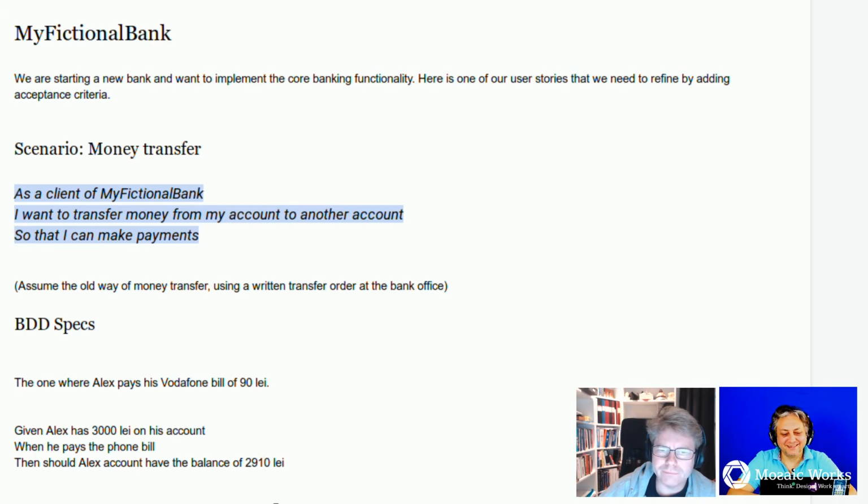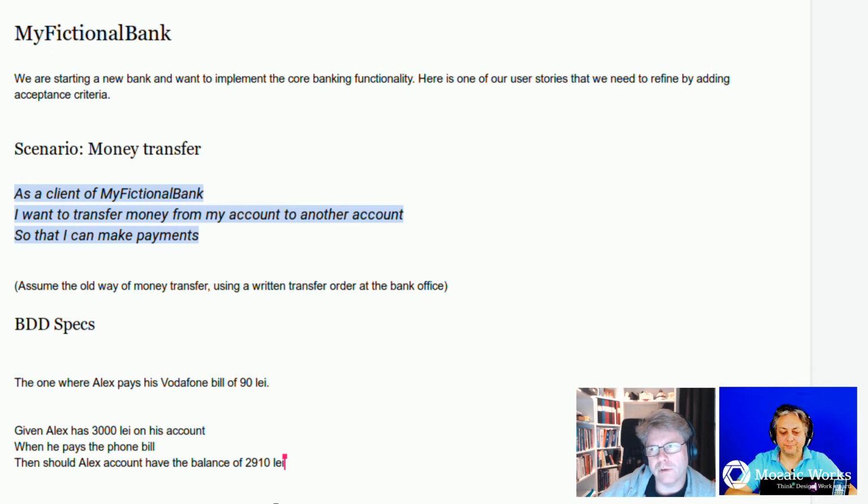And so that is one of the outcomes. There is potentially another outcome that is really interesting, and that is how much money Vodafone will have on their account. We don't really know that, but we know that the money should not just disappear. It should end up somewhere. In the user story, as a client of my bank, I want to transfer money, and transferring implies an account where the money originates from, and another account where it ends up.